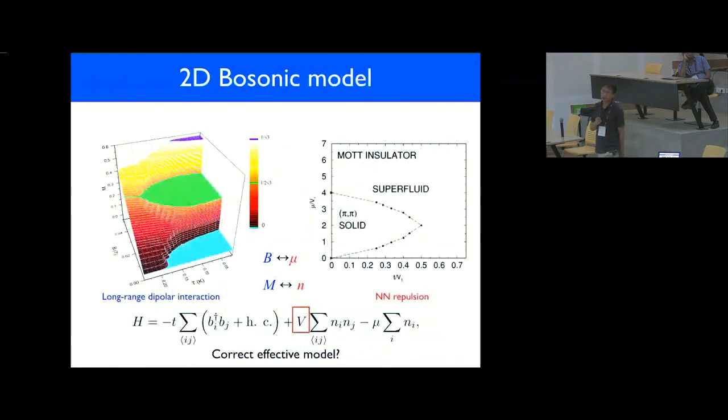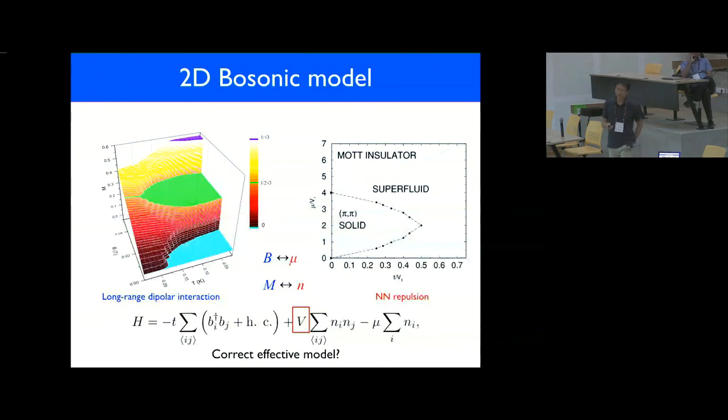Okay, so one interesting thing is that if you stare at this magnetization plateau, it reminds us of some kind of model. Here is the 2D bosonic model with a nearest neighbor repulsion. There's a superfluid to solid transition, and this melting transition is normally first order, and we also have a first order transition.